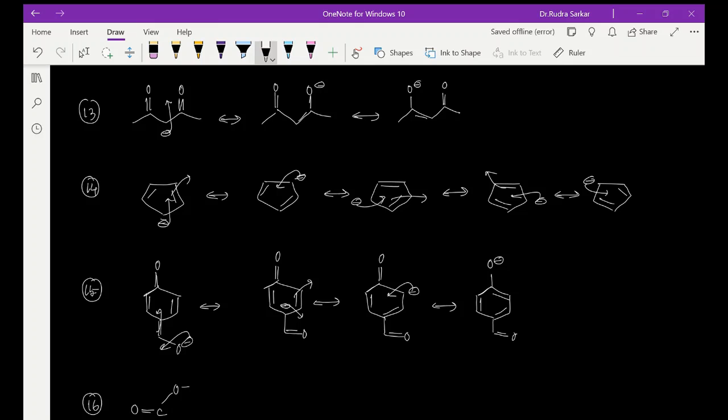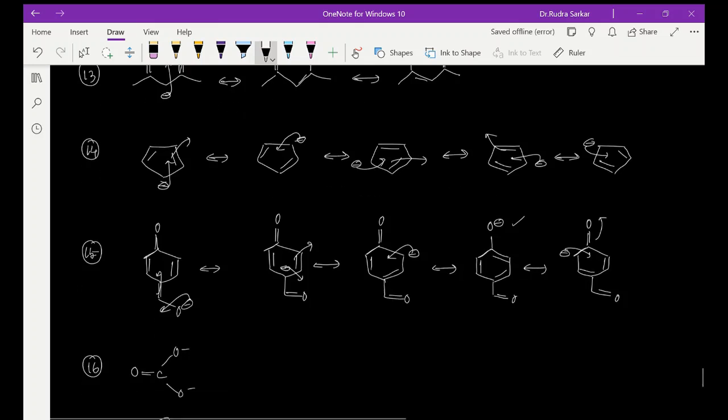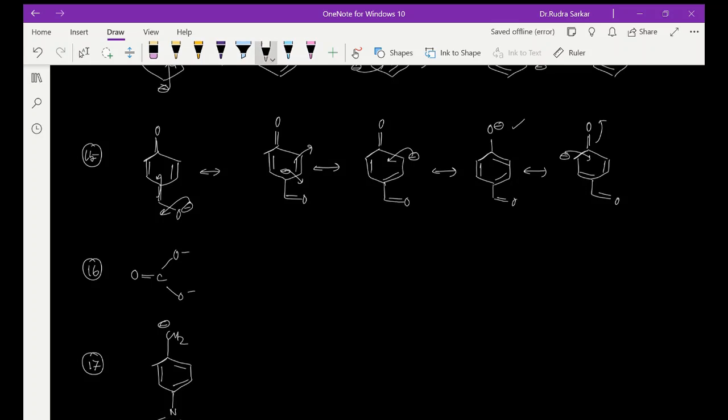Another side that it could have gone is this side. So for that also we need to draw the resonating structures. Let's not forget that. So it could have gone either way, and if that went in here, then we would have got this structure. So these are the number of structures that we would have got for a carbonate ion, just like the acetate or nitrate.